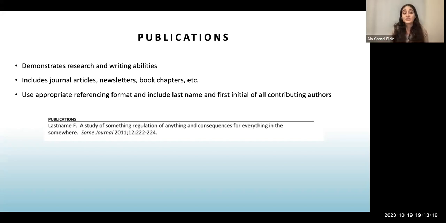In terms of publications, this includes things like journal articles, newsletters, book chapters, even things like medical blogs, etc. You can choose to put them in your CV. But you want to make sure that you're referencing it appropriately and it corresponds to what you're referencing, whether it's a journal article or a newsletter, that you're using the appropriate format and you're including the last name and first initial of all the authors that contributed with you to that publication.